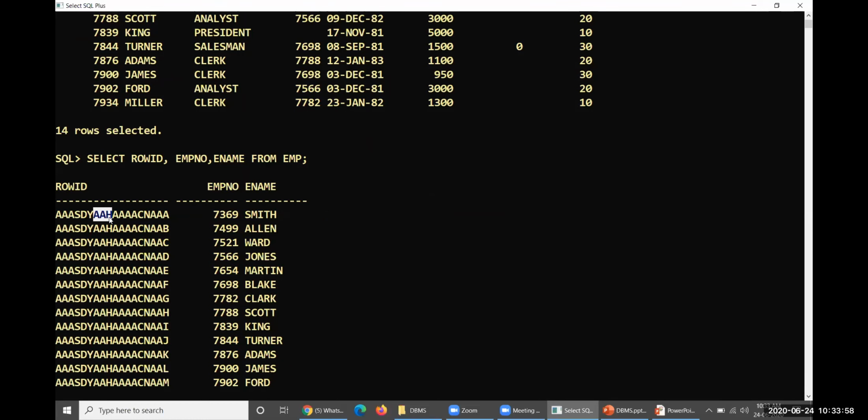And the next 6 digits, 1, 2, 3, 4, 5, 6, tell in which block of our magnetic storage device it has been stored. Followed by the next 3 digits, which will be your row number.